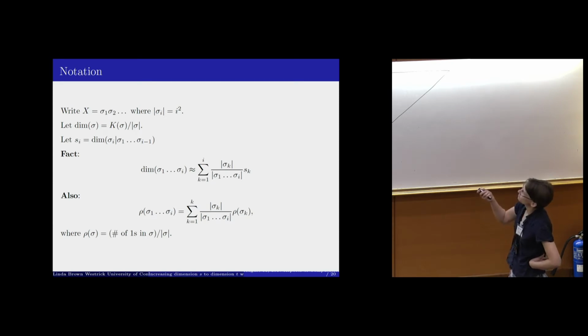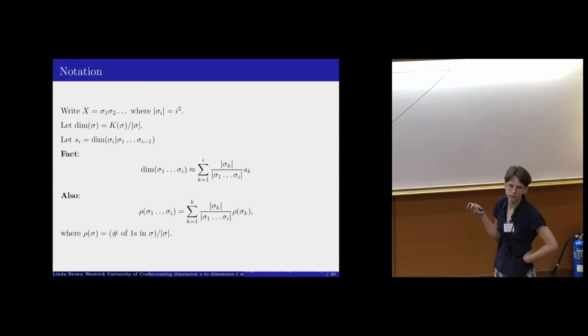By the dimension of a finite string, I just mean its complexity divided by its length. And then in the context of some X that has these sigma as written here, I'm always going to use the letter S sub I to refer to the dimension of the ith chunk relative to all of the chunks that came before it.